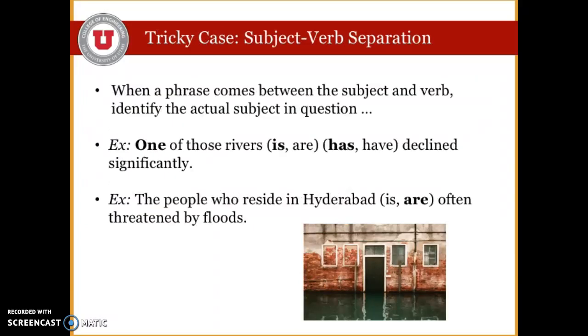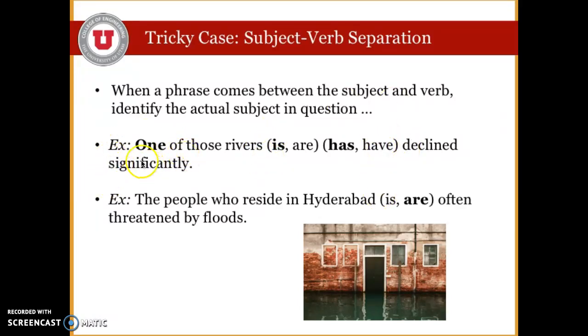There are also a lot of tricky cases with subject-verb agreement. One is to look out for a number of words that might come in between a subject and a verb, which might confuse you as to what the subject actually is. An example would be, one of those rivers has declined significantly. Sorry, ignore the is and are in there, that's a mistake. But the point is that you might be mistaken and think that rivers is the subject, and that would require have, the plural version of the verb.